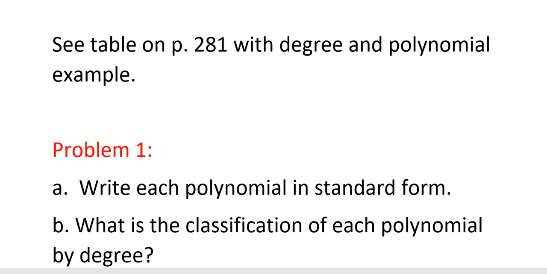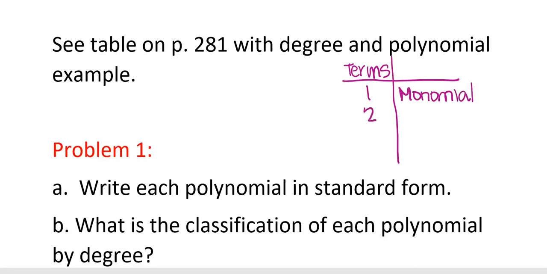Okay, so looking at monomial is one term. I'm not looking at the degree part of it. I'm only looking at the right side of the table. So I'm just going to jot some down. One term, number of terms. One, monomial. 2, binomial.